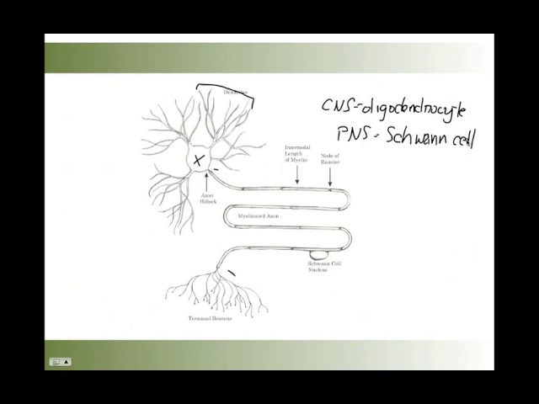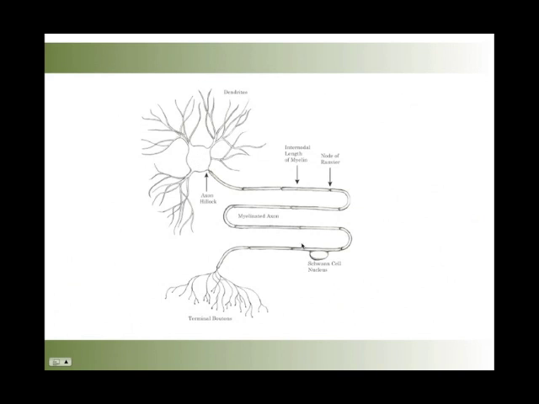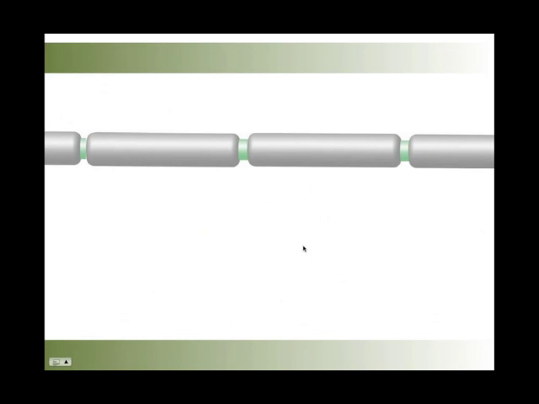Alright, so let's take a higher power look at a cartoon myelinated axon, shall we? And when we do so, we see something along these lines, where green is the axon, and the sheath is here in gray. So where the axon is naked is called the node of Ranvier.